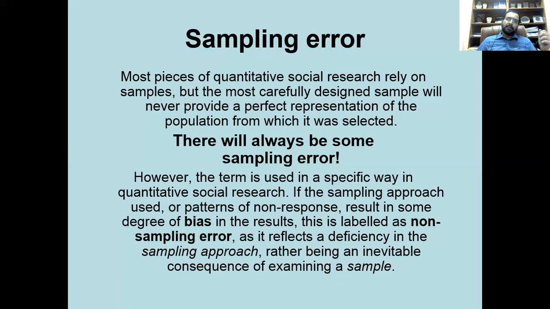But that is not sampling error, as it reflects a deficiency in the sampling approach. A deficiency in the sampling approach is a different thing that can be controlled. That is not actually the sampling error, which is rather an inevitable consequence of examining a sample. How you have examined the sample is a different point of view, and how you have collected the sample is a different point of view.